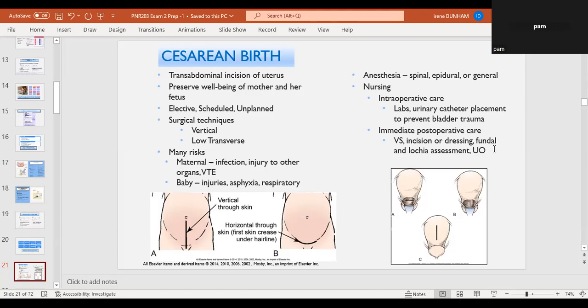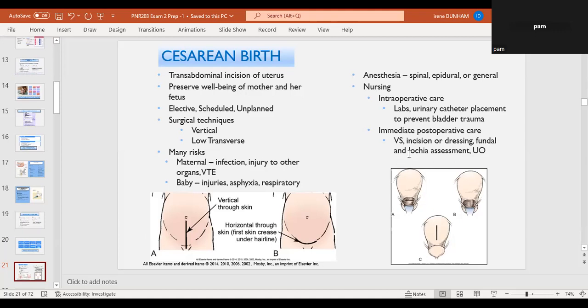In the recovery room, I'm going to put my two fingers on top of that fundus, and if I can't feel it, I'm going to have to do some fundal massage. I try to do a gentle fundal massage, but my responsibility is to keep that fundus firm.